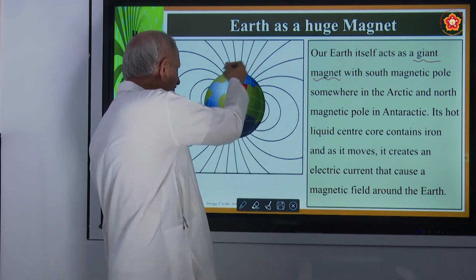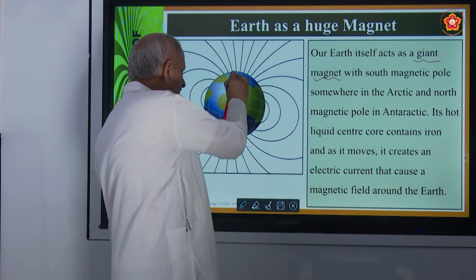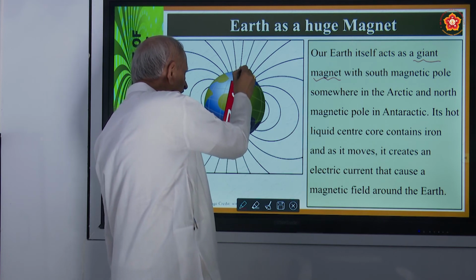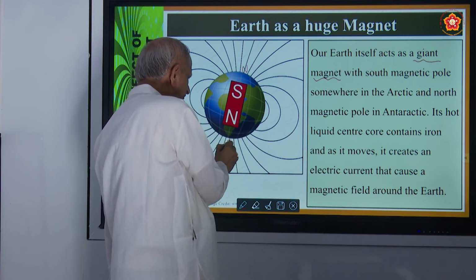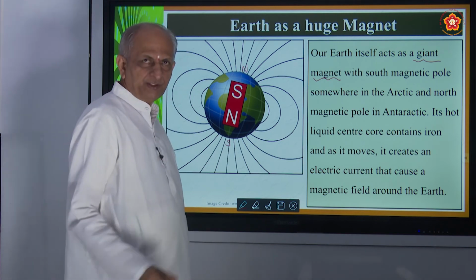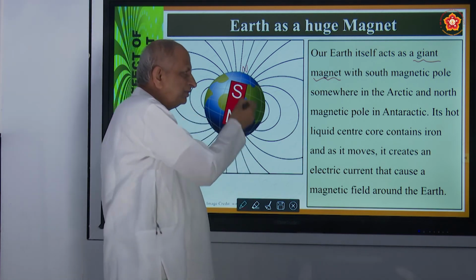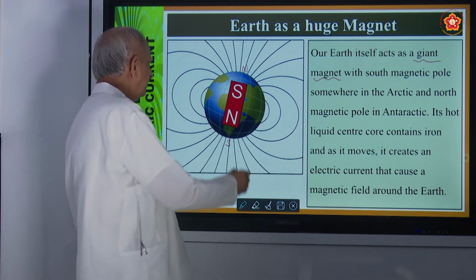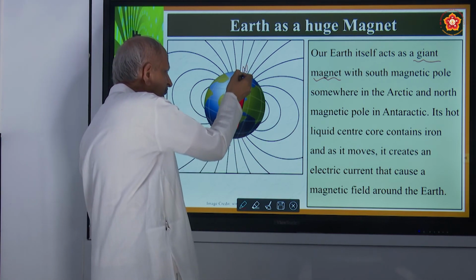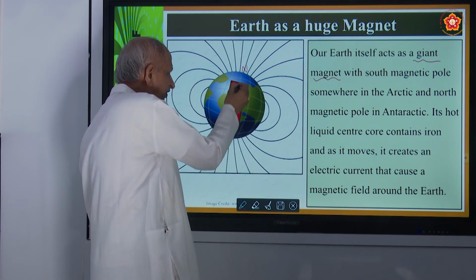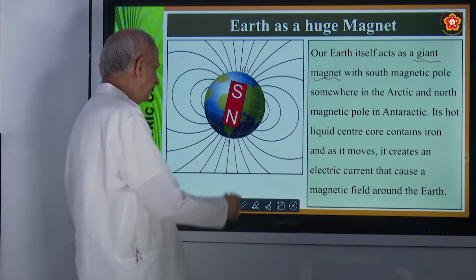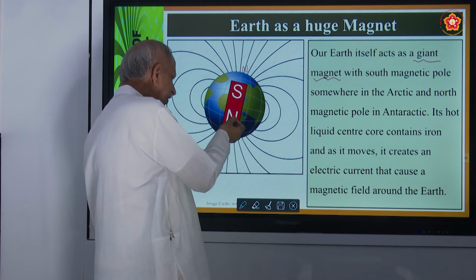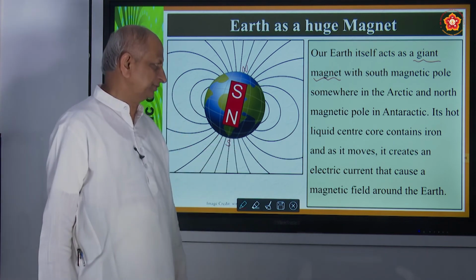So this is called the geographic north, this is called the geographic south, and this is a huge globe, the earth as a globe, okay? Here this is called geographic north. The magnetic south is near the geographic north, and the magnetic north is near the geographic south.